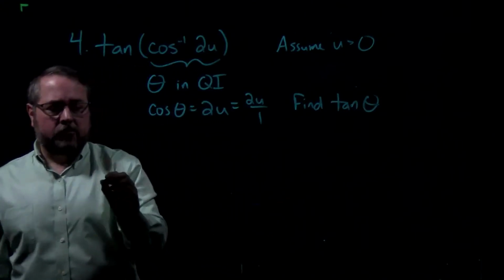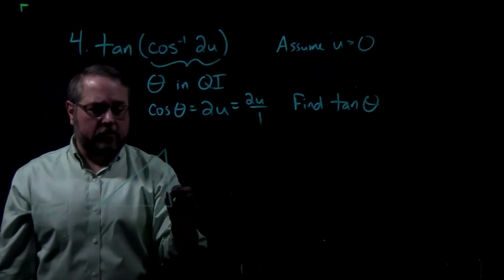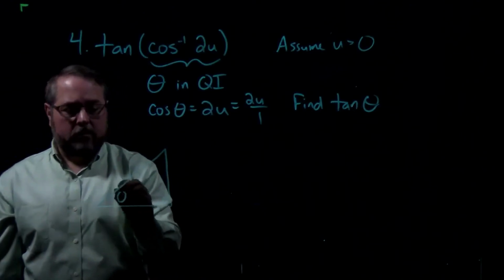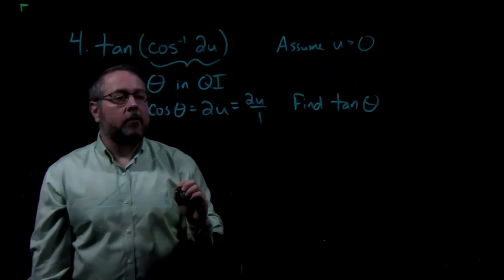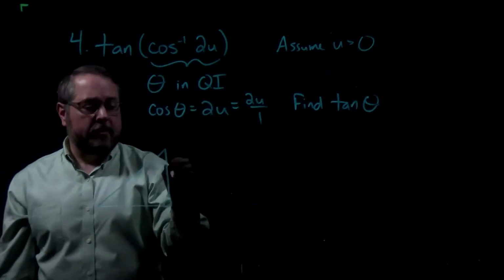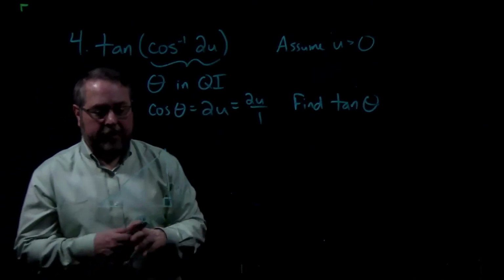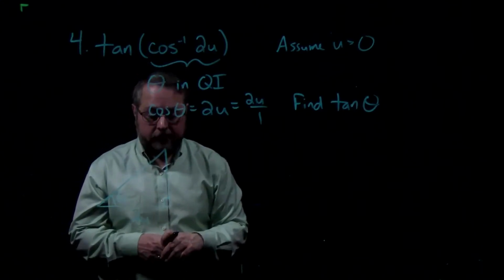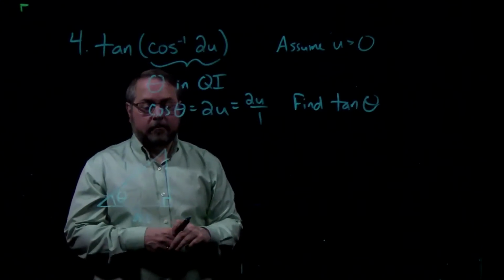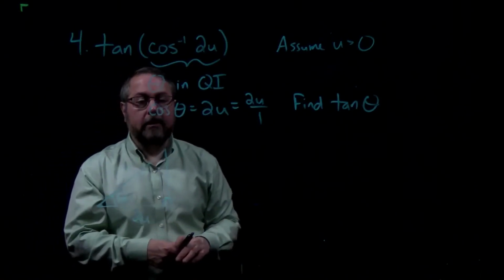Okay, so what we can do is draw our first quadrant right triangle. We make theta one of the acute angles. If the cosine of theta is 2u, we can label the adjacent side by 2u, the hypotenuse by 1, so that the cosine is 2u divided by 1.